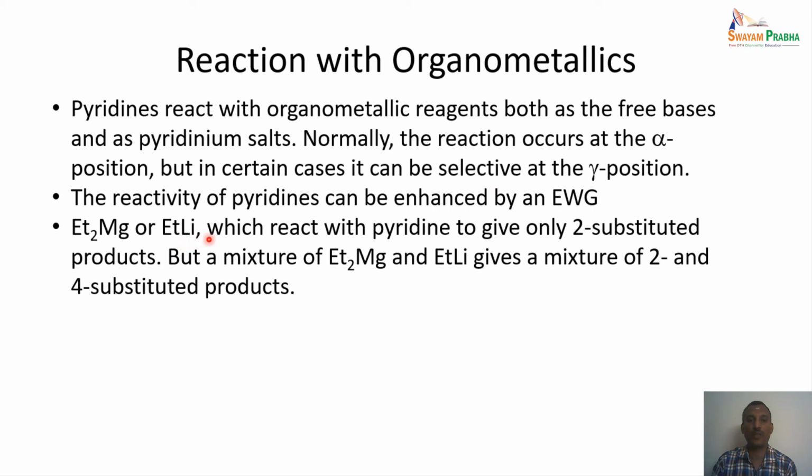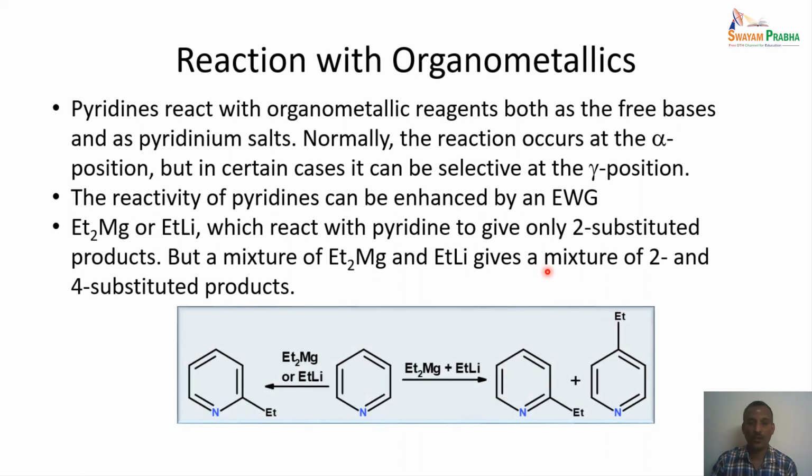Ethyl magnesium or ethyl lithium when reacted with pyridine gives only the 2 substituted product. But a mixture of diethyl magnesium and ethyl lithium gives a mixture of 2 and 4 substituted products. So the reactions are shown here, like this is the pyridine derivative.